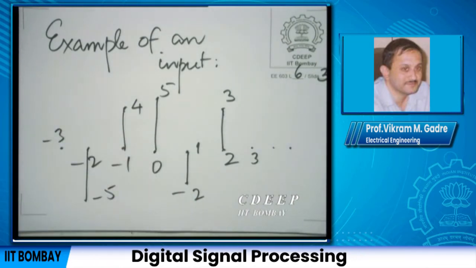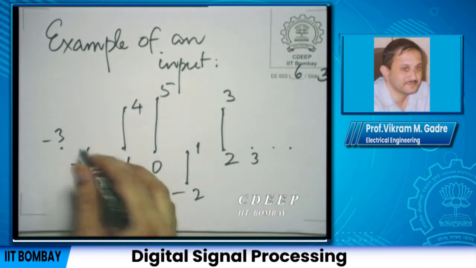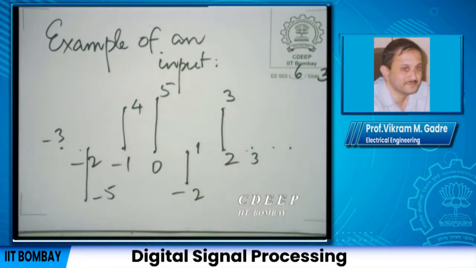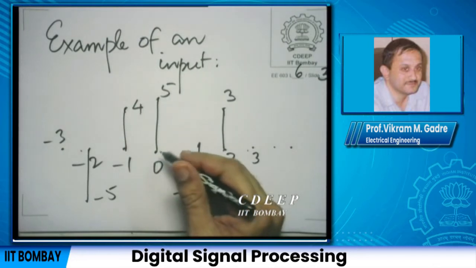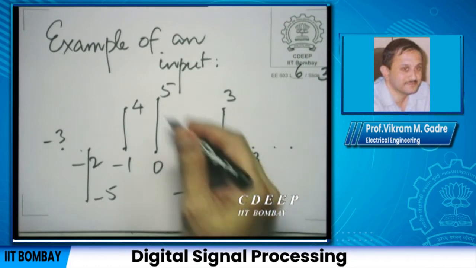And we will show that if we focus our attention on this part between minus 2 and plus 2, we can express this as a combination of appropriately shifted unit impulses, shifted and scaled. So, you see it is very easy to see that this sample at 0 can be obtained by putting a unit impulse here and multiplying it by 5.